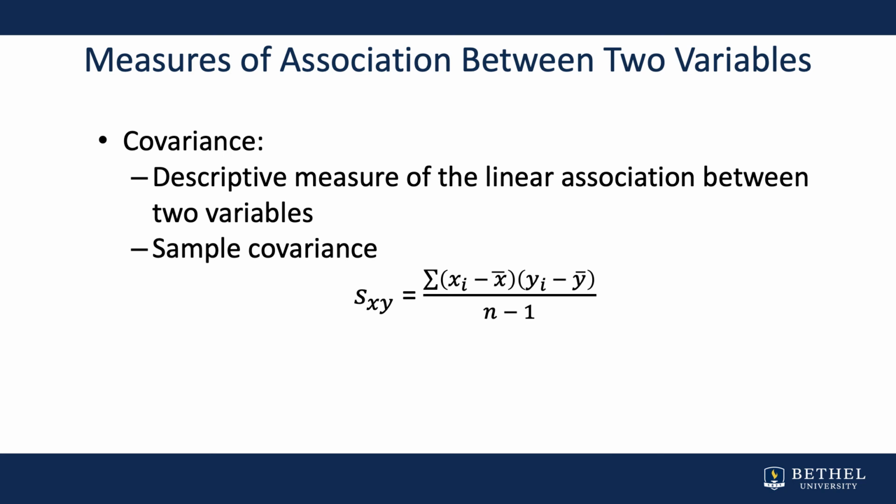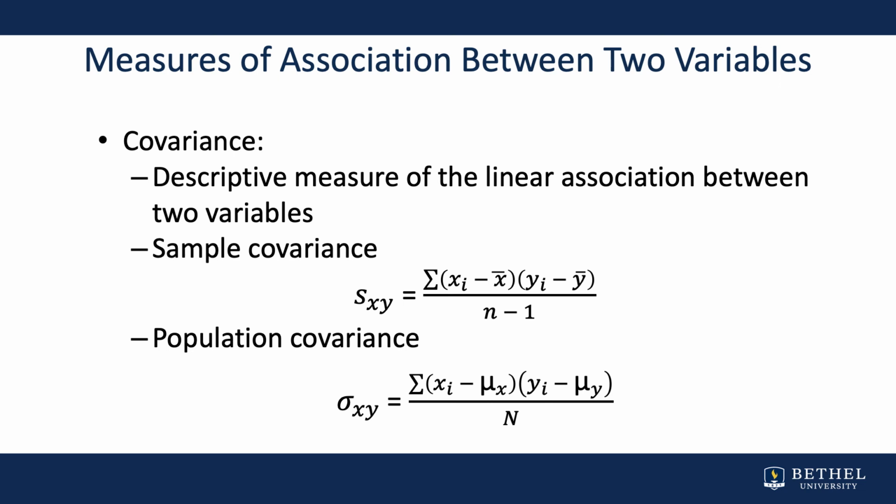Once you do that for each observation, you sum each of those and divide by the number of observations minus 1. Now for the population covariance, you do the same thing, except you divide by the number of observations. That gives you a descriptive measure of how the association between the variables is related and how linear it is.